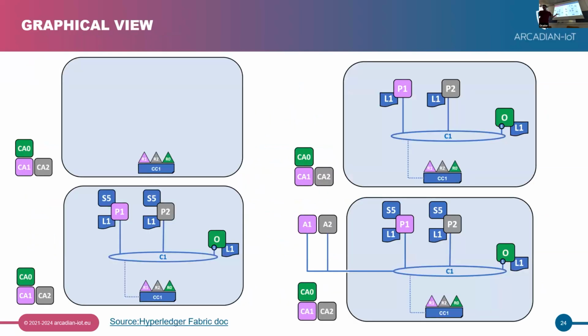And this is a graphical view of the steps that I have told you. In the first one, this is the part where you only have the cryptographic material, the chain code without it being committed, and the configuration files for the orderer. In this step is the part where I made the Docker Compose app.